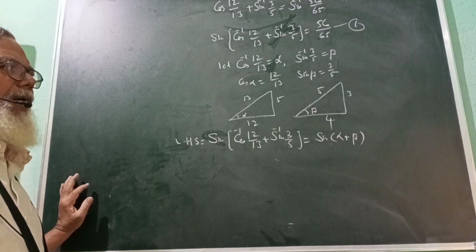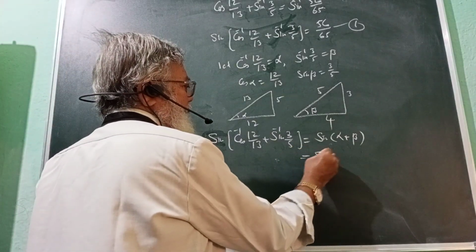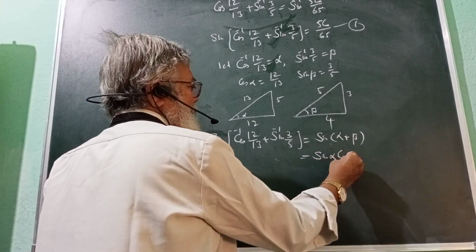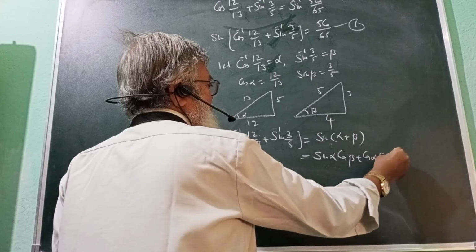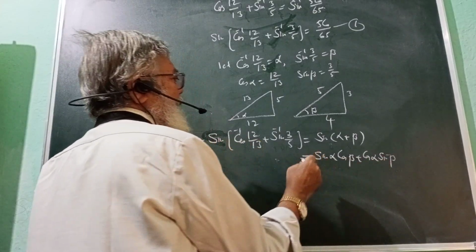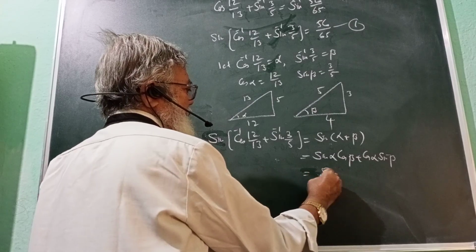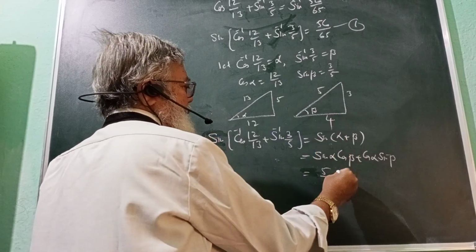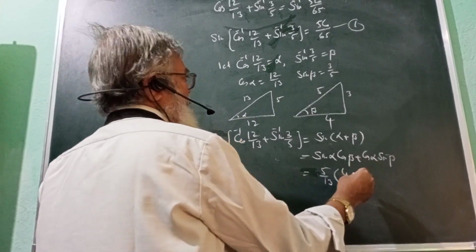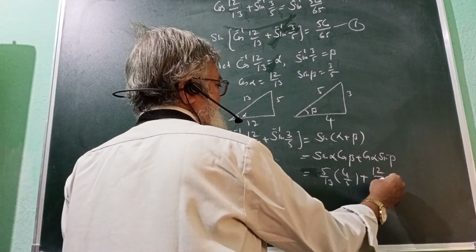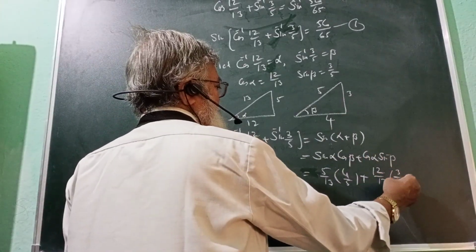Apply the formula of sine alpha plus beta, that is sine alpha cos beta plus cos alpha sine beta. Sine alpha is 5 by 13. Cos beta is 4 by 5. Cos alpha is 12 by 13. Sine beta is 3 by 5.